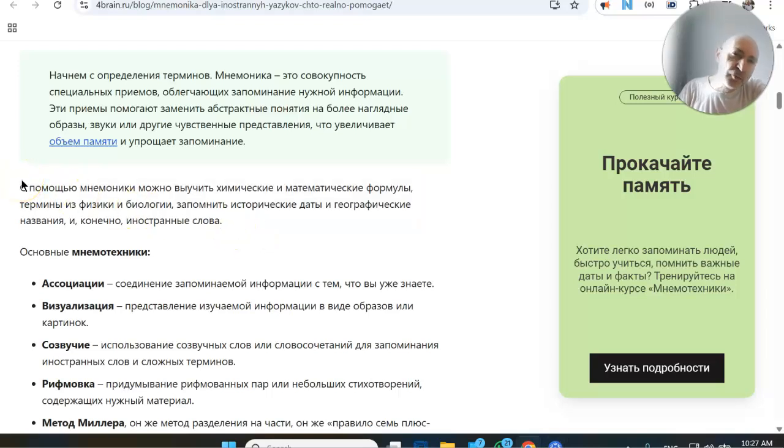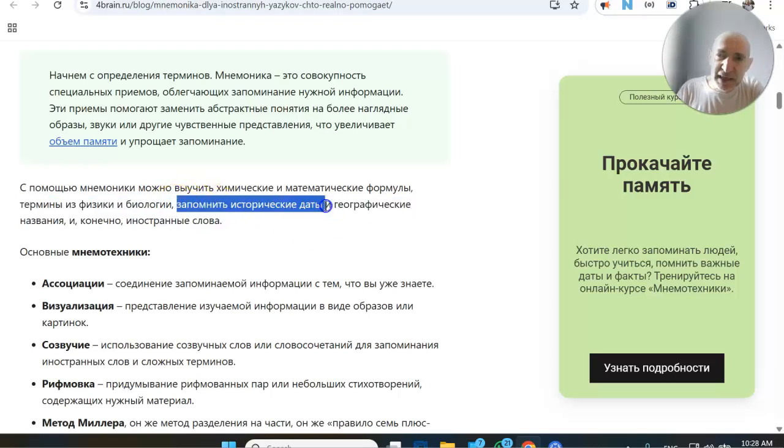So, с помощью мнемоники можно выучить химические и математические формулы. With the help of mnemonics, it is possible to learn chemical and mathematical formulas. Термины из физики и биологии, so terms from physics and biology.